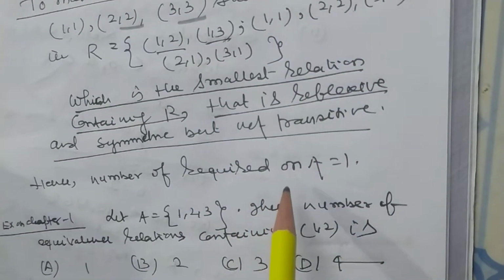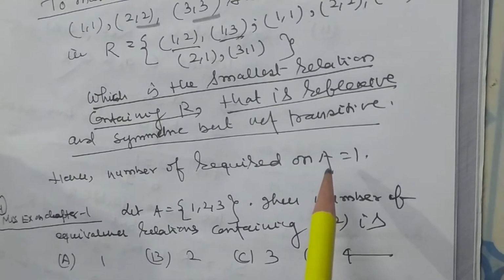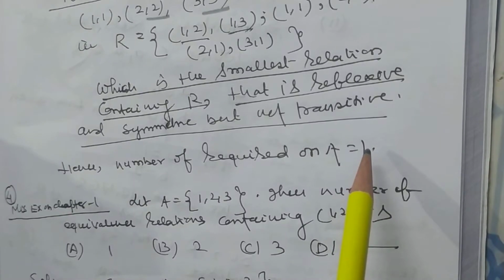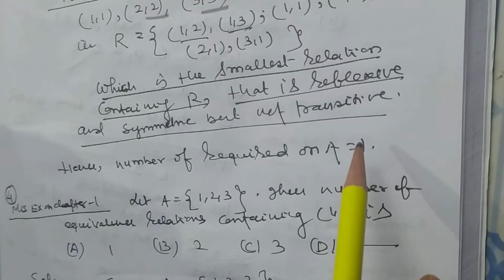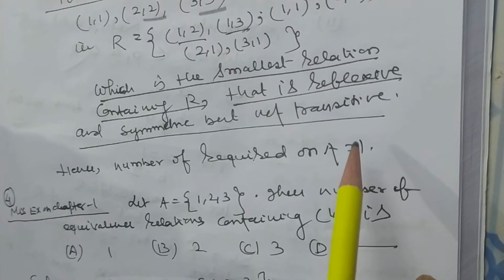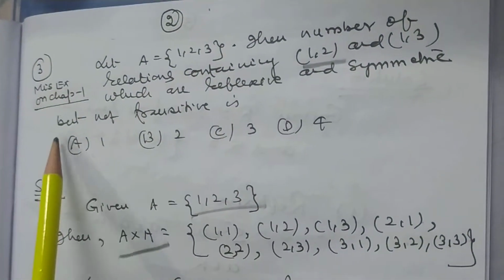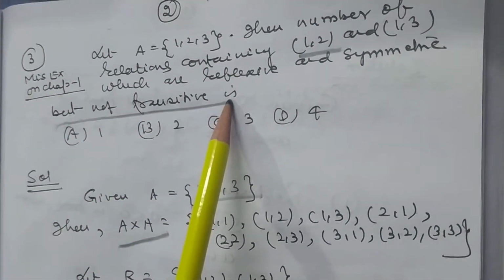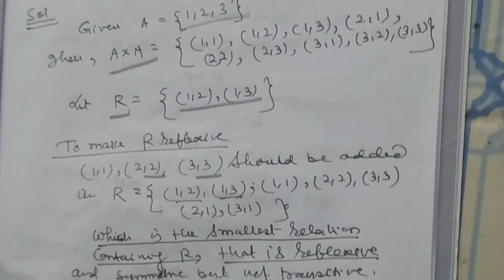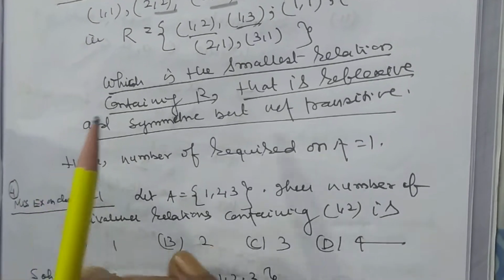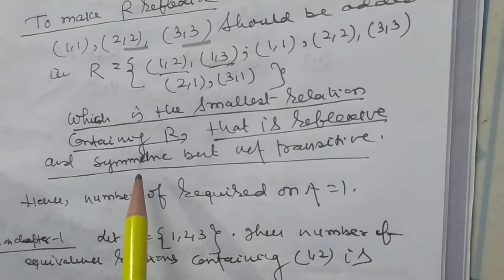Hence the number of required relations on A is equal to 1. What do you observe? How many relations will form which are reflexive, symmetric but not transitive? This relation is reflexive, symmetric but not transitive.